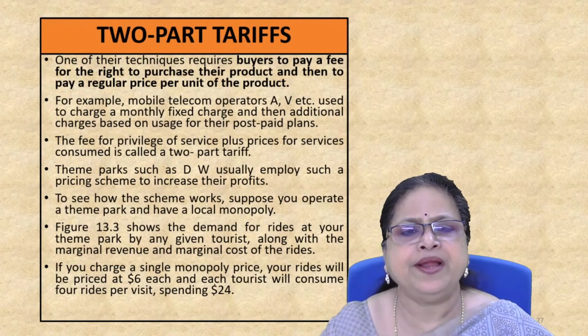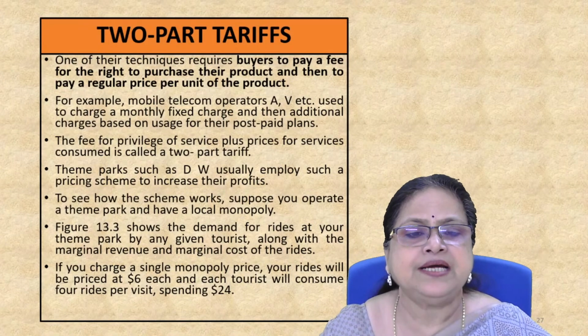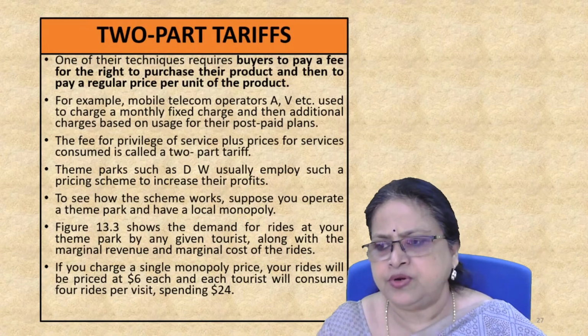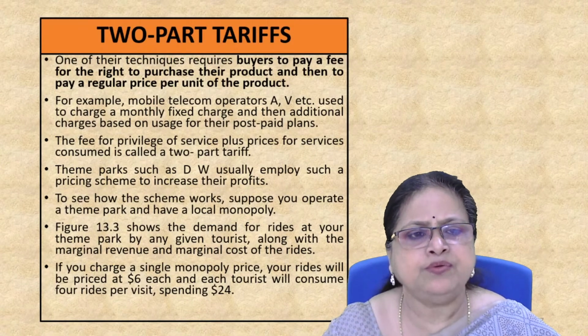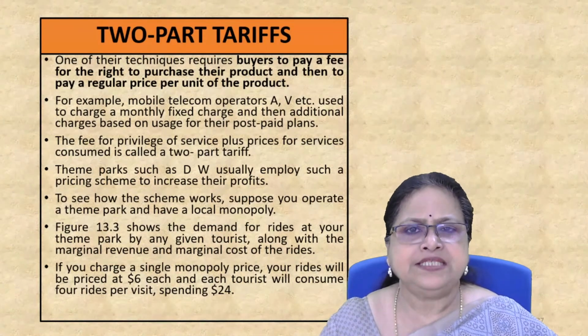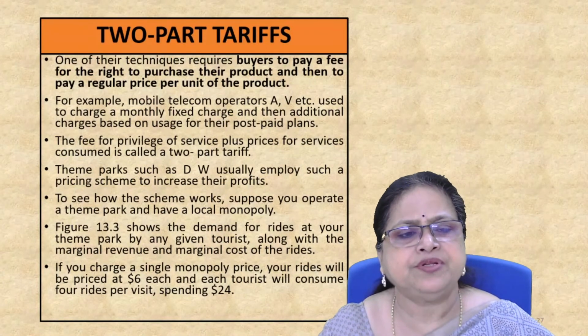All these mobile telecom operators charge, suppose, some amount of money every month. There is a fixed amount, then there is a variable amount. There is a fee, then you have to pay extra for whatever you are using.